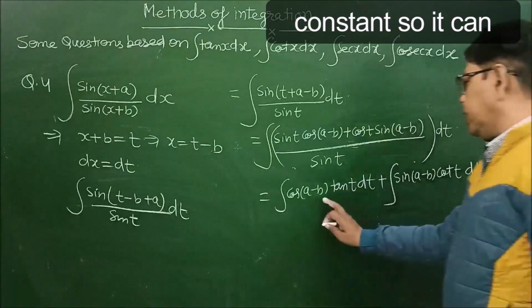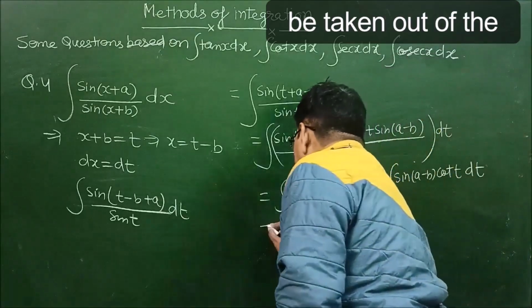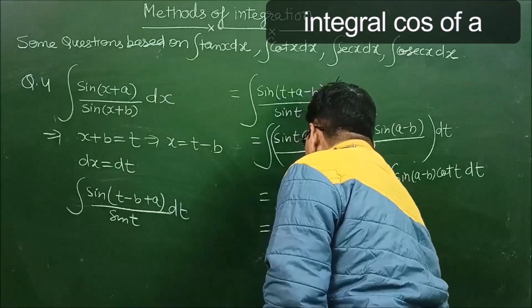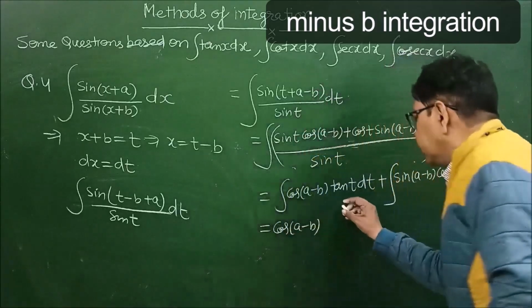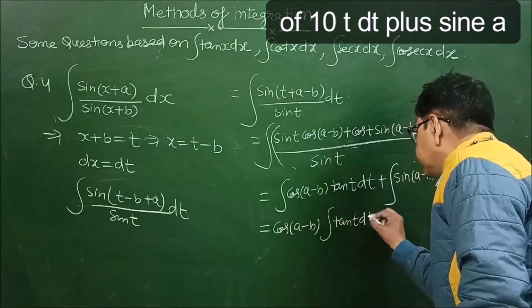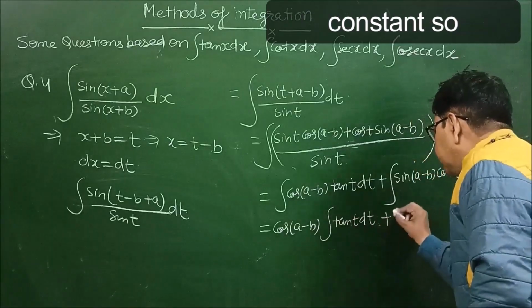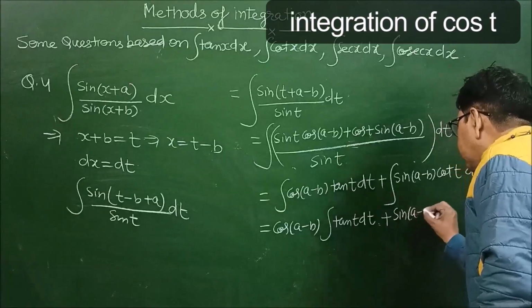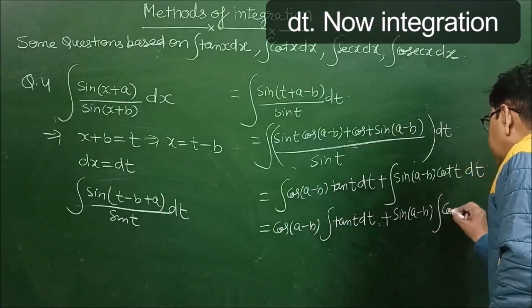Now this cos(a minus b) is a constant, so it can be taken out of the integral.